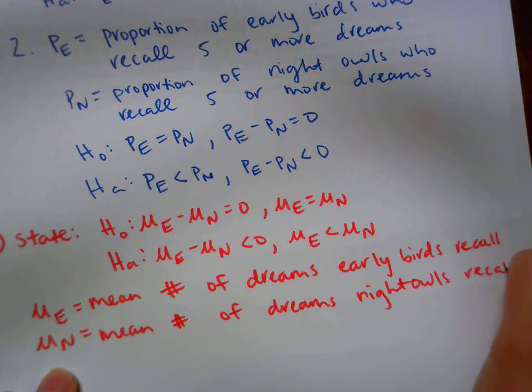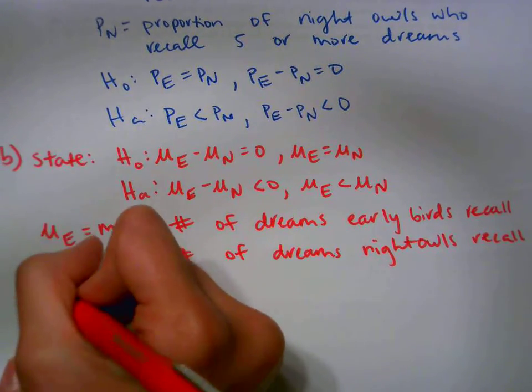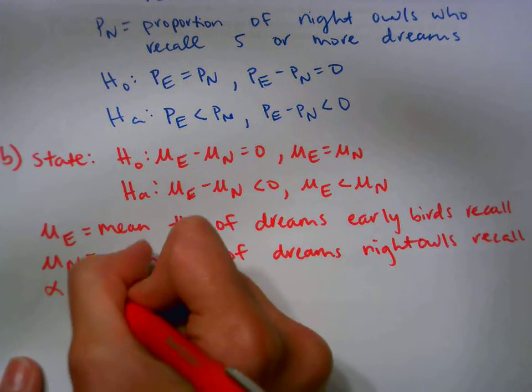And then I'm going to write down our significance level. I didn't notice how slanted that was. Our alpha equals 0.05.